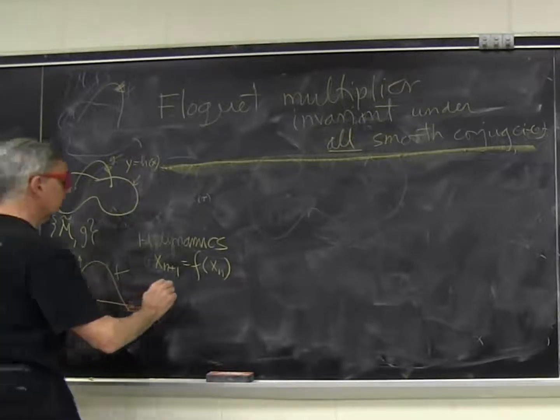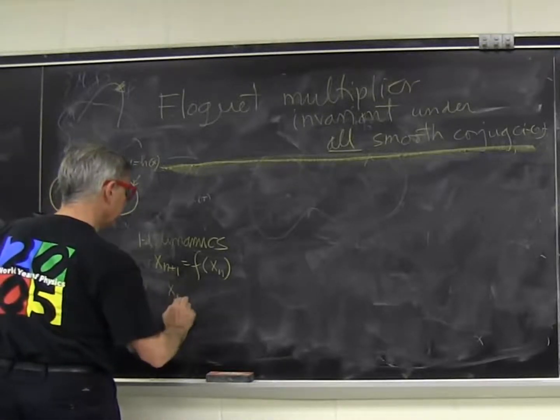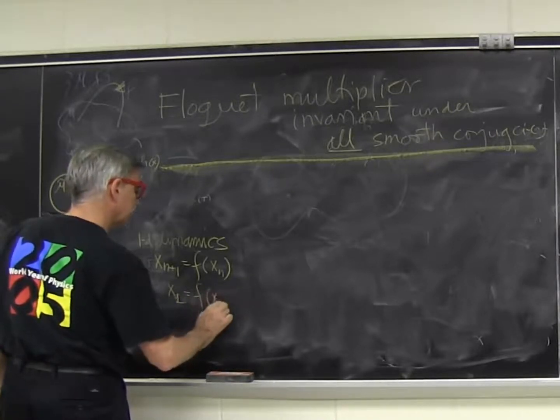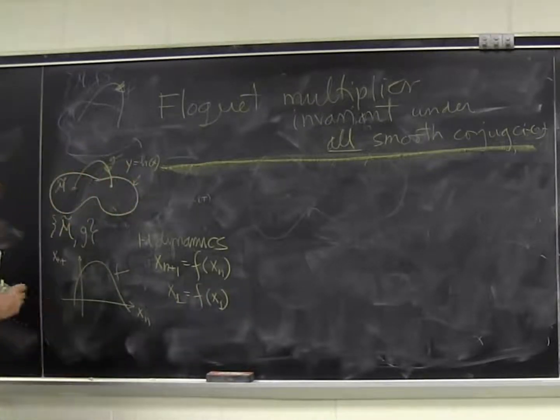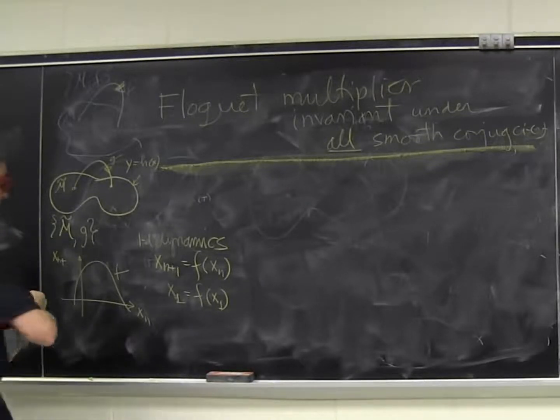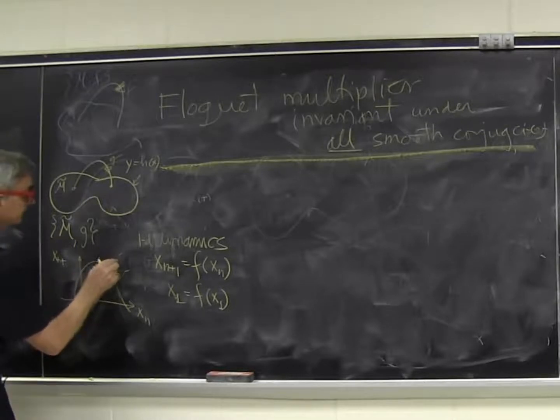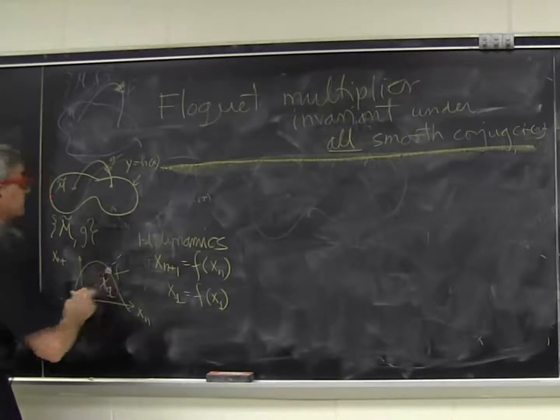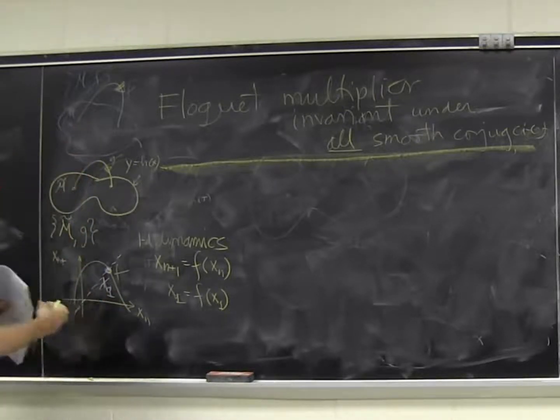Then the fixed point, x_q, will satisfy that you're there forever. So this is your fixed point x_q in your original coordinate space.